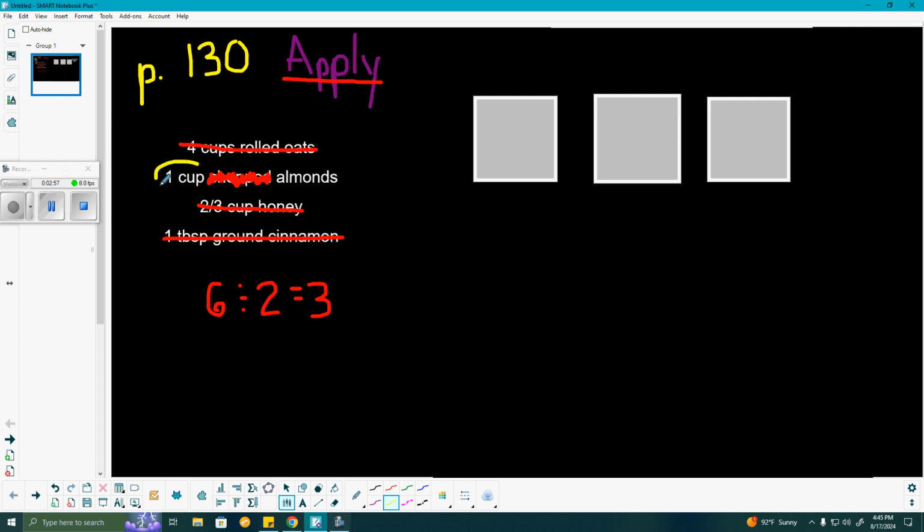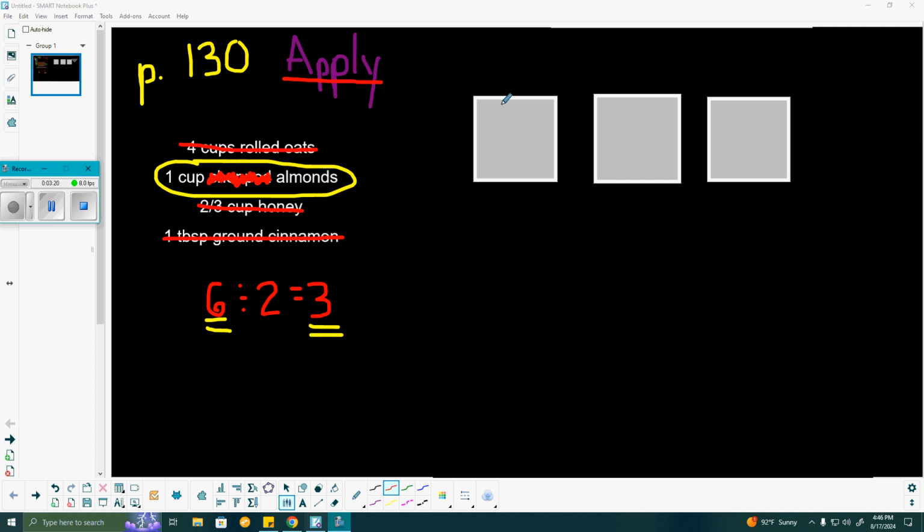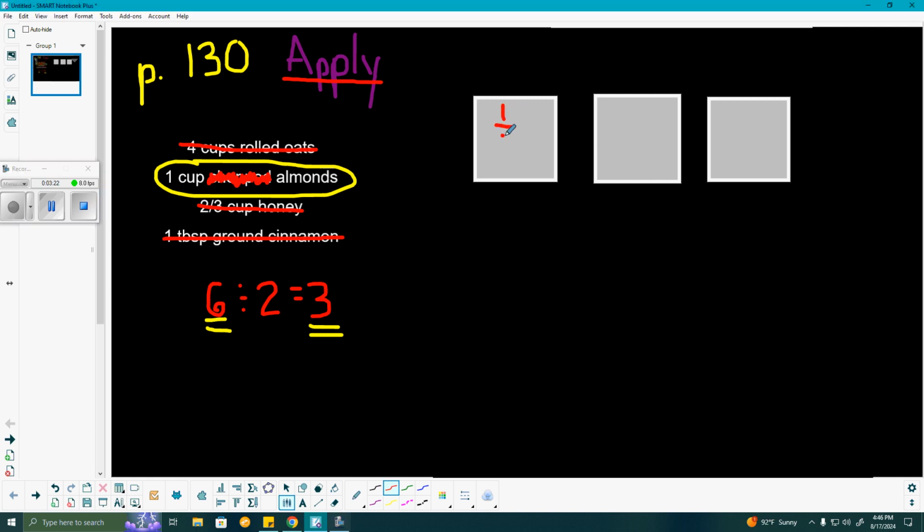Let's figure out what this means for our almonds. If 1 cup of almonds goes into this recipe and it's being split into 3 bags, then we have to split a whole cup by thirds. This means that in each bag there is 1/3 a cup of almonds.